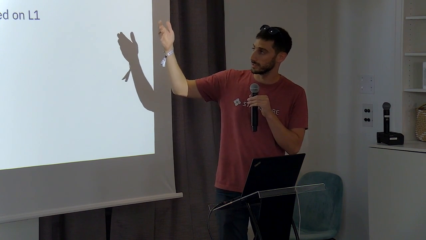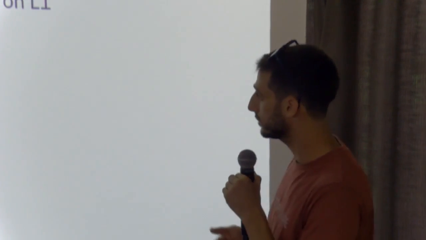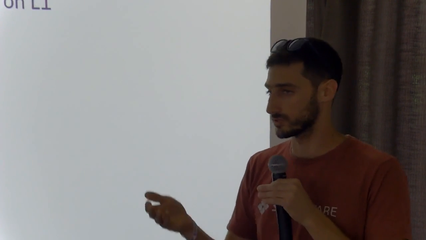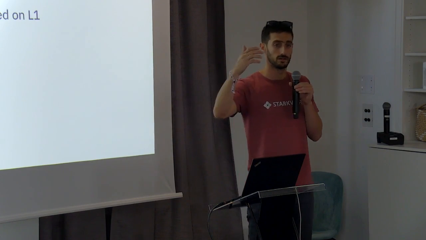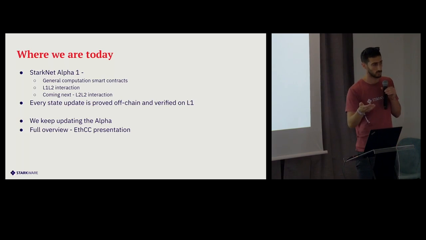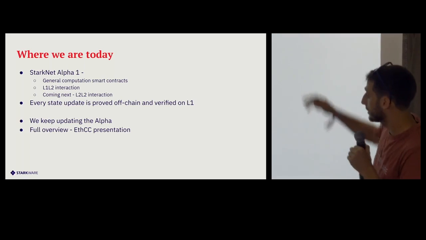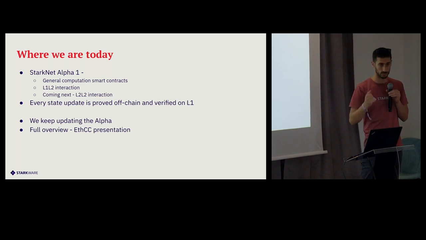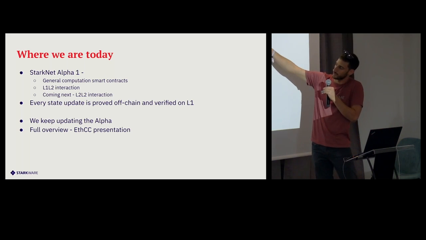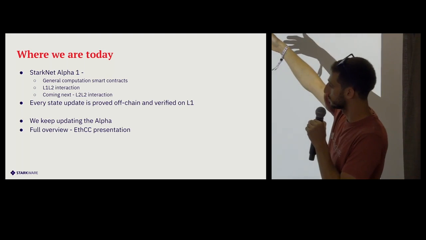It has smart contracts, meaning you can write and deploy smart contracts to it. Users and anyone can send transactions to those contracts. There's also layer 1 to layer 2 interaction, meaning layer 1 contracts can send messages to layer 2 contracts, and layer 2 contracts can send messages to layer 1. The next update will include composability, the layer 2 to layer 2 interaction. I think it's the first system, and maybe I'm wrong, but as far as I know, it's the first system that lets you do all of this.